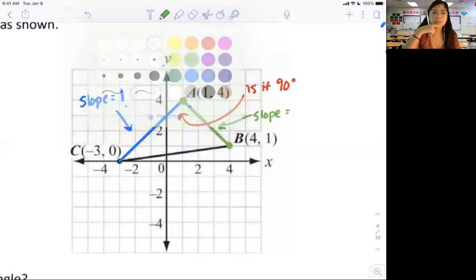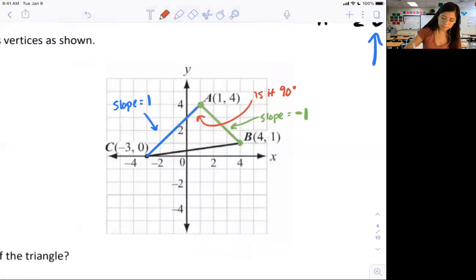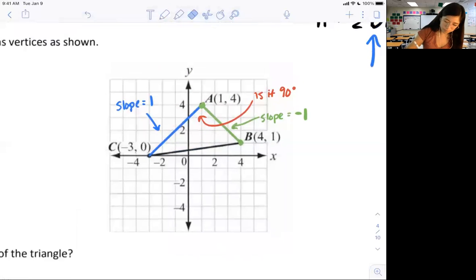Okay. What about AB? Is it positive or negative? It looks like -1. Good. It is -1. So are they perpendicular? Yes, they definitely are. So we know now that this is definitely 90 degrees since we have perpendicular slopes.